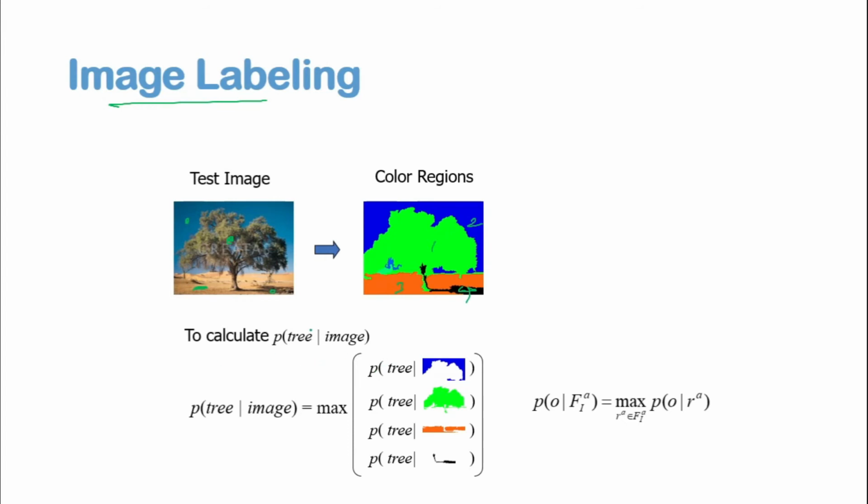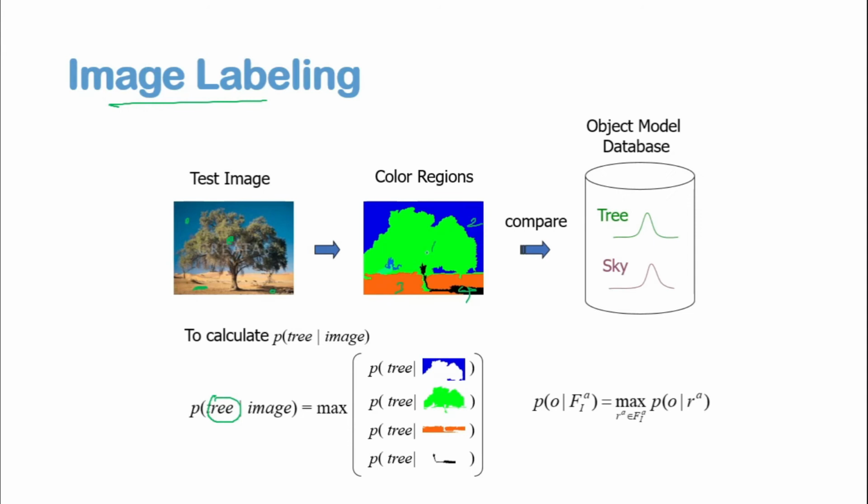And how do I find out which particular object I have? Suppose I have this tree with me, and I am finding out whether it is a tree or not with the learned model, so how do I do it?